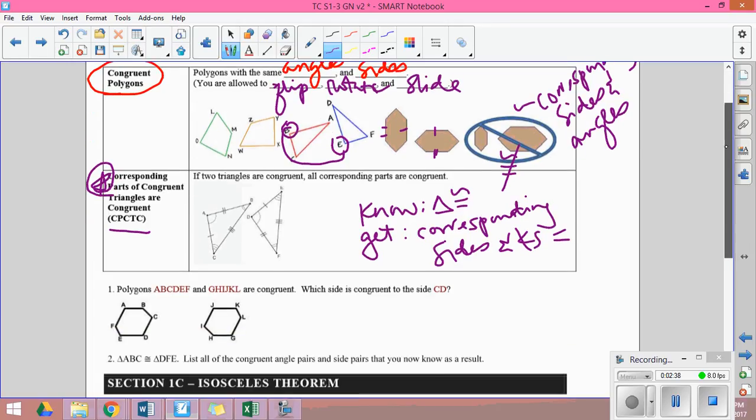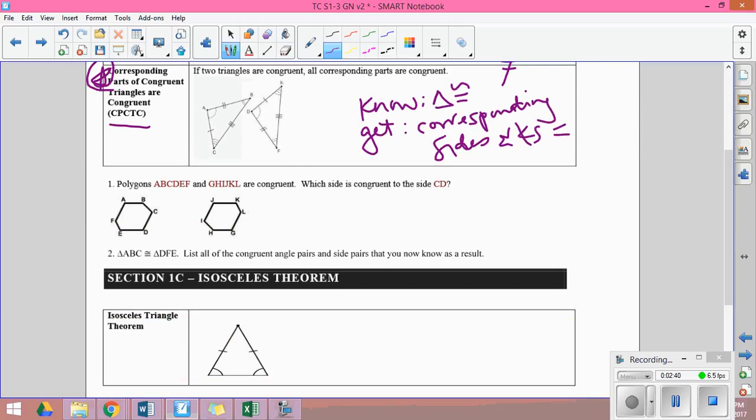So if we look at some examples here, naming matters. The order of naming tells us the congruency and tells us how things match up. So polygons ABCDEF and GHIJKL are congruent. Which side is congruent to CD? So how do these match up? So A corresponds to G, and that's what this order tells me.